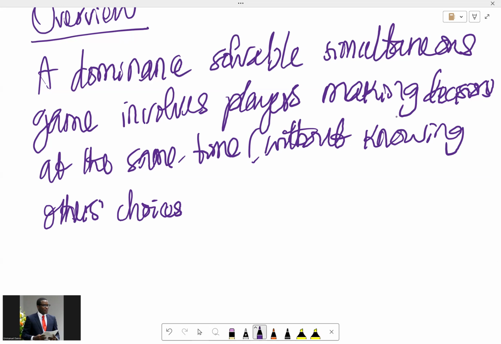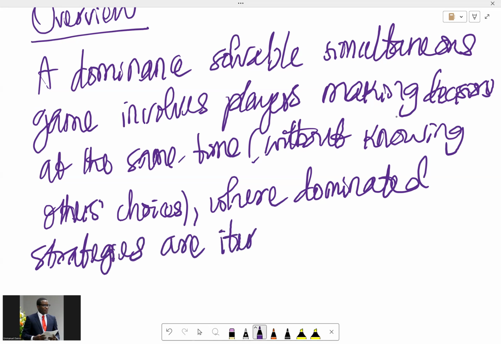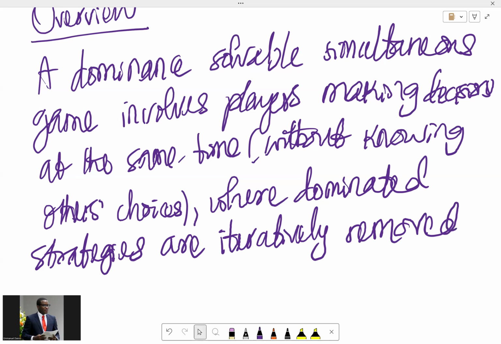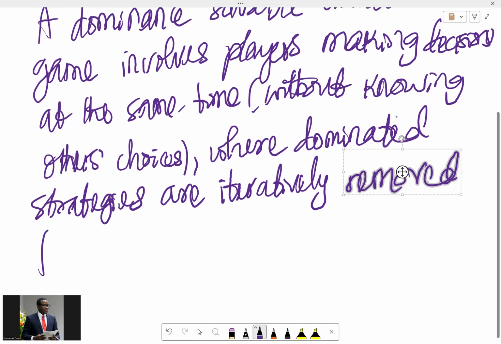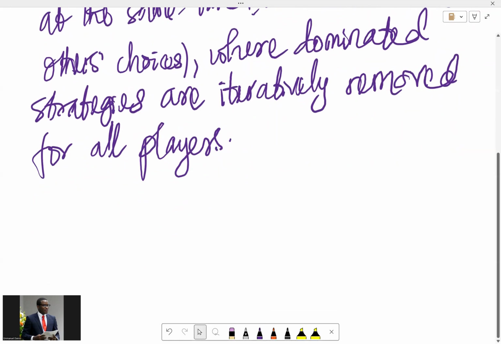So dominated strategies are iteratively removed for all players.